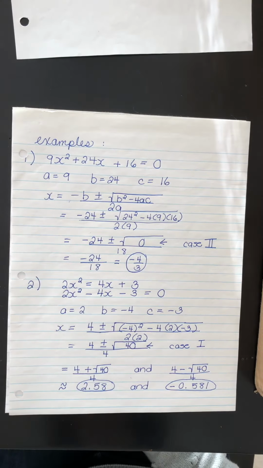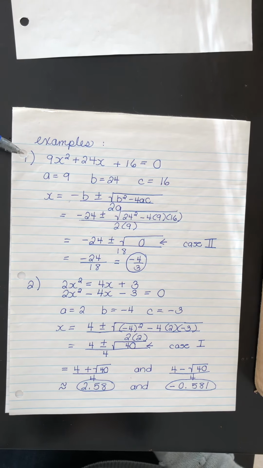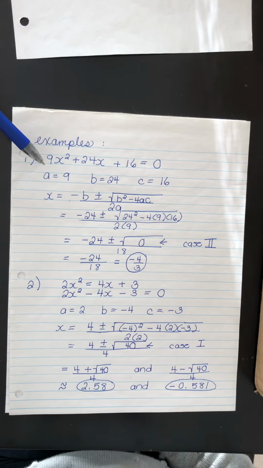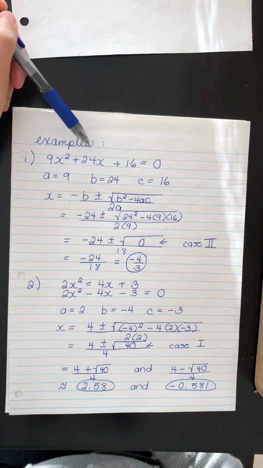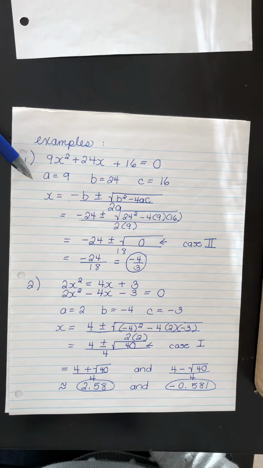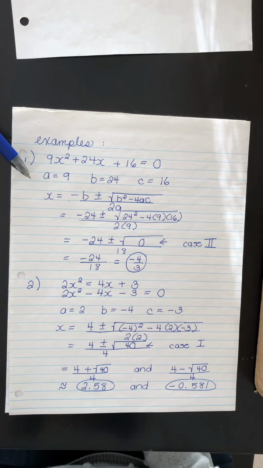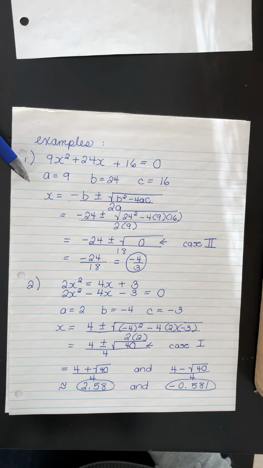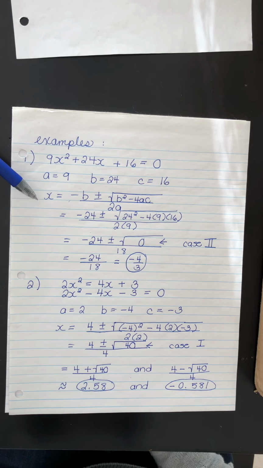We'll start with example 1 here at the top of the page. We have 9x squared plus 24x plus 16 is 0. This means our values for a, b, and c are 9, 24, and 16 respectively. I've written the quadratic formula here, and now we begin substituting into it.